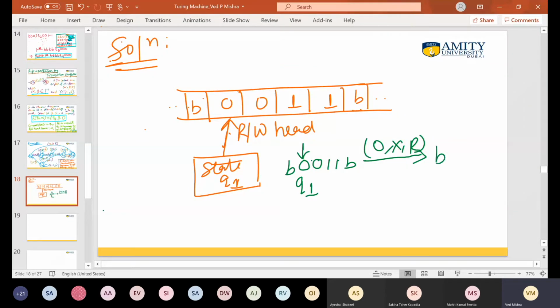So this first 0 is now X, and then you have 0, 1, 1, B. R means you are moving one right, so your read write head will move towards the right direction. So you will be on this 0 now. And what will be your state now?